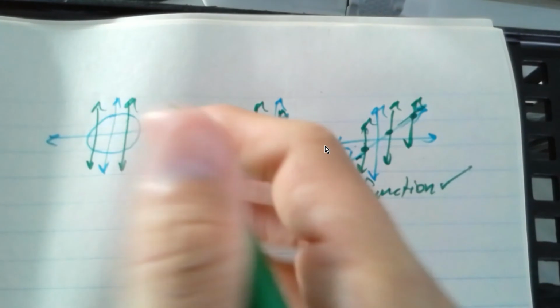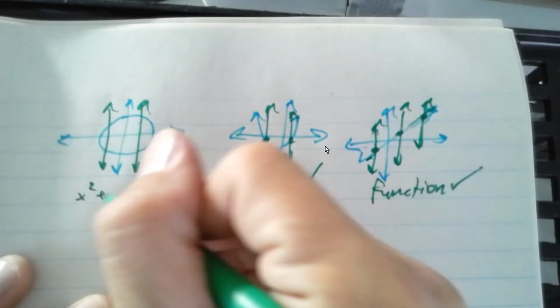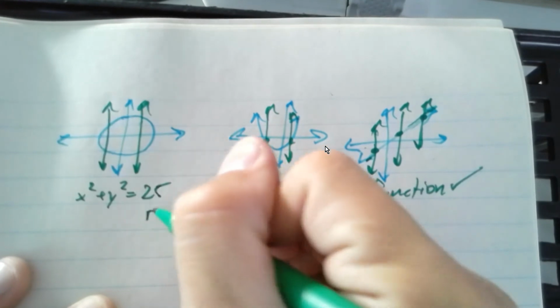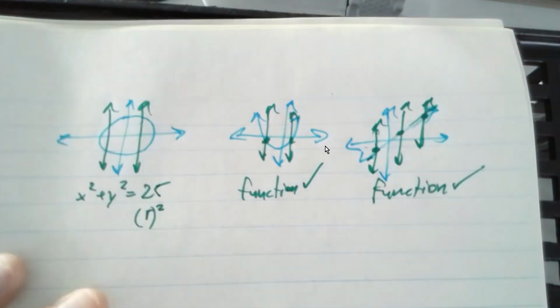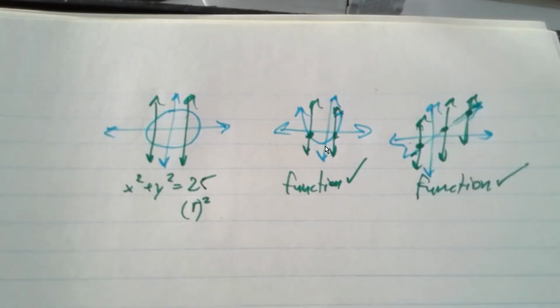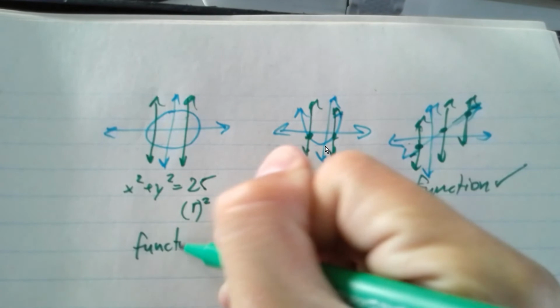However, this equation that I graphed, x squared plus y squared is equal to 25, which is your radius squared, if you remember back to pre-calc, the equation for a circle, technically is not a passable function. But there's a way that you can work around that.